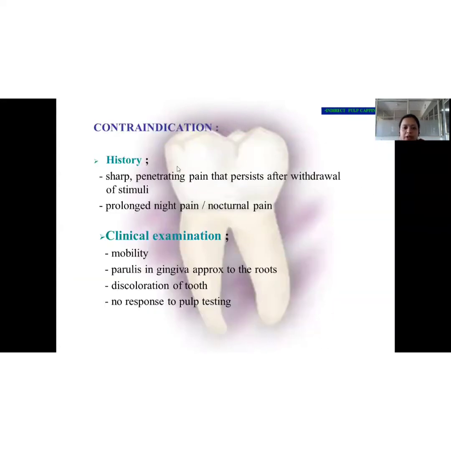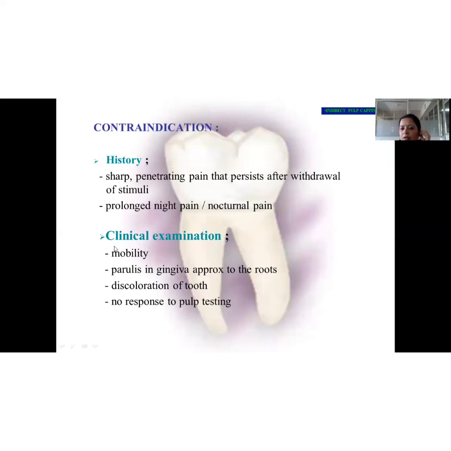Now, what are the contraindications? The history includes sharp penetrating pain that persists after withdrawal of stimuli, and prolonged night pain or nocturnal pain. So this kind of tooth is not a candidate for indirect pulp capping. On clinical examination, there is mobility, parulis or swelling of the gingiva, discoloration of the tooth, and no response to pulp testing.